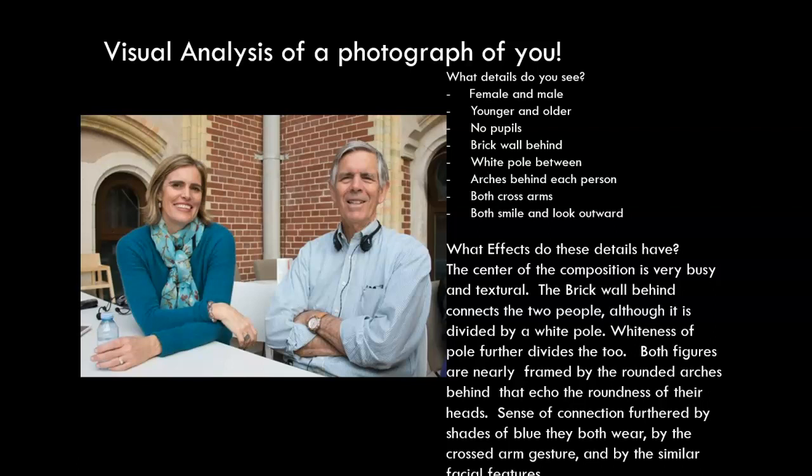The whiteness of the pole works to divide them further. Both figures are nearly framed by the rounded arches behind them that echo the roundness of their heads. There's a sense of connection between the figures, which is furthered by the shades of blue that they both wear, by the crossed arm gesture, and by the similar facial features.